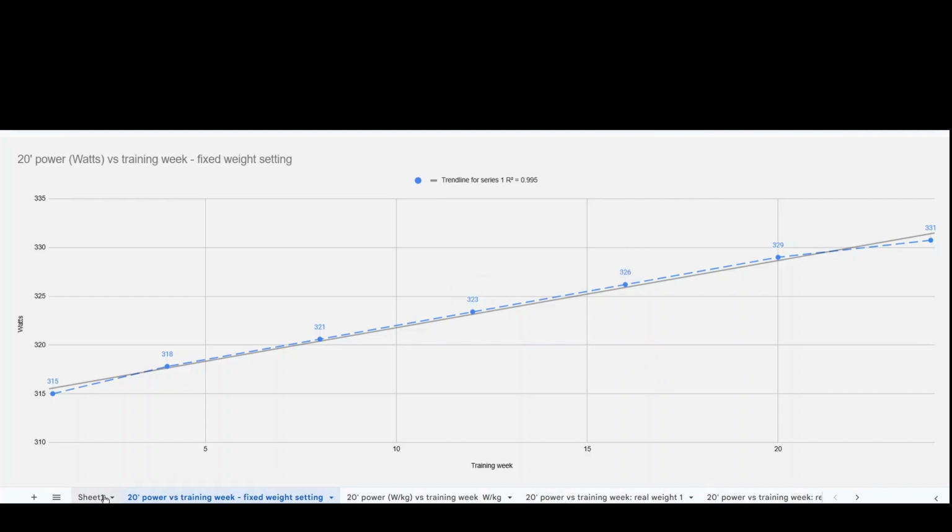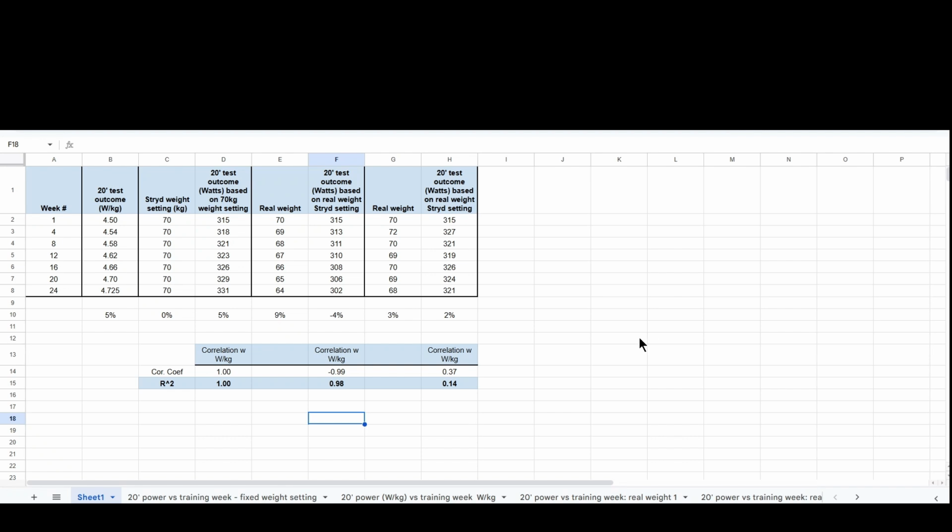So if we go back to this original sheet, we'd see that the correlation between your actual watts per kilogram and the reported watts using a fixed weight setting is 1.0. It's perfect correlation. They're the same. When you have scenario number 2, which is allow the weight to float and the person's on a weight loss, the correlation is pretty good, but it's inverse.